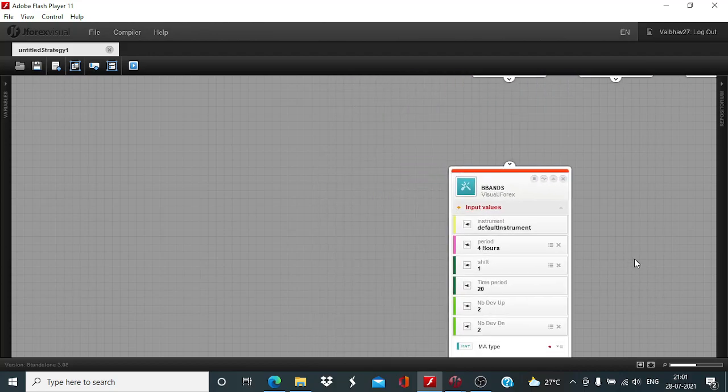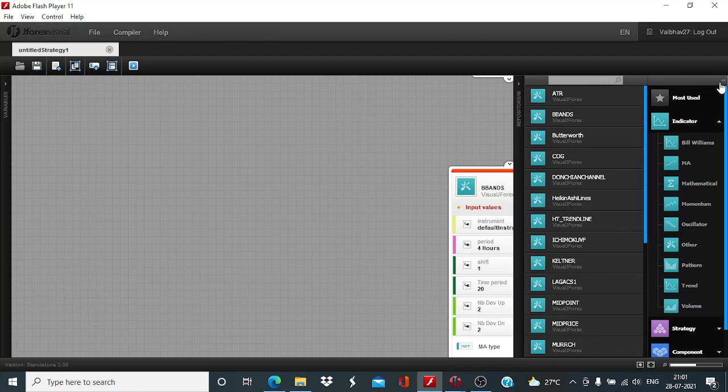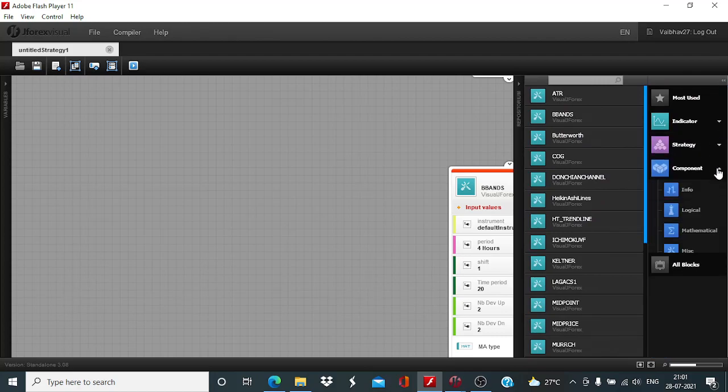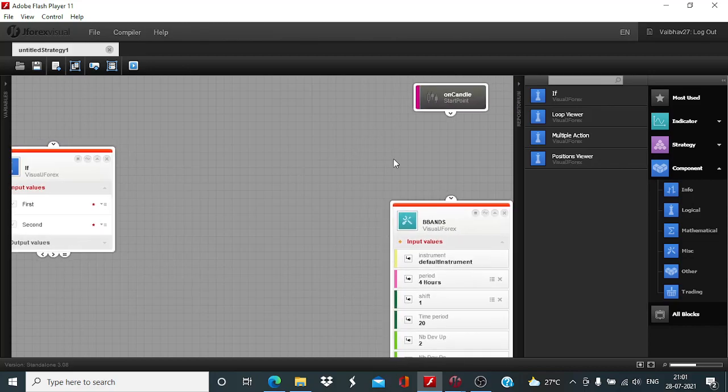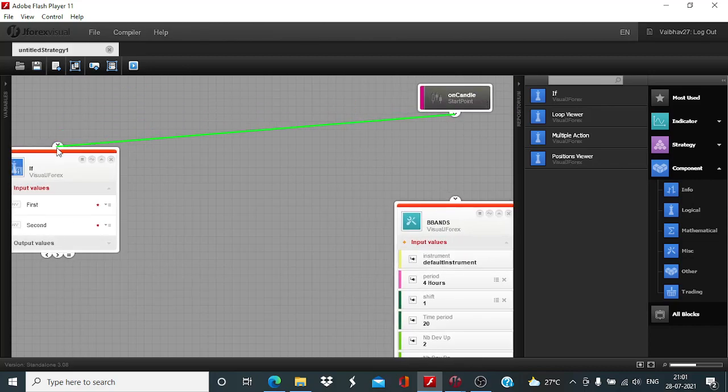Okay, now we have to start from scratch, and for that the first thing we have to take is a logical block. We will need 3 of these. Start point will be on candle.